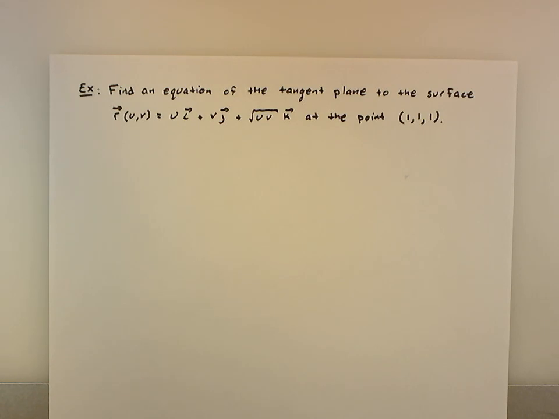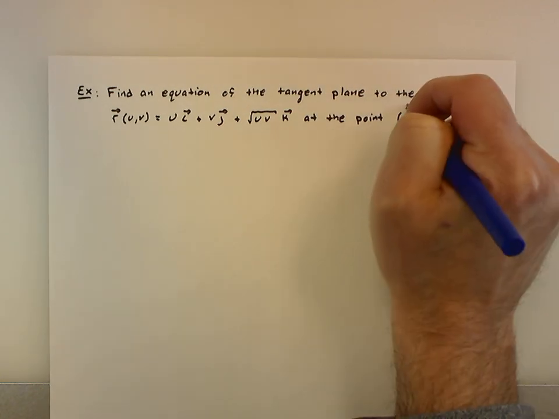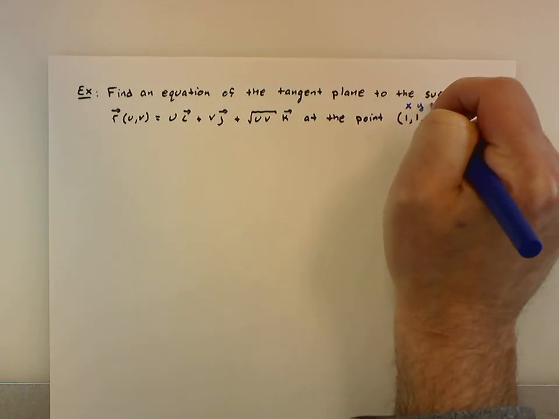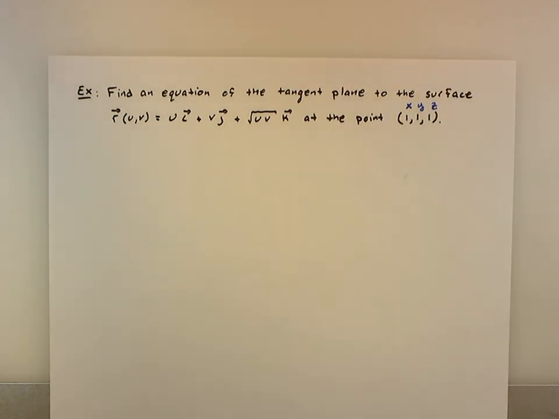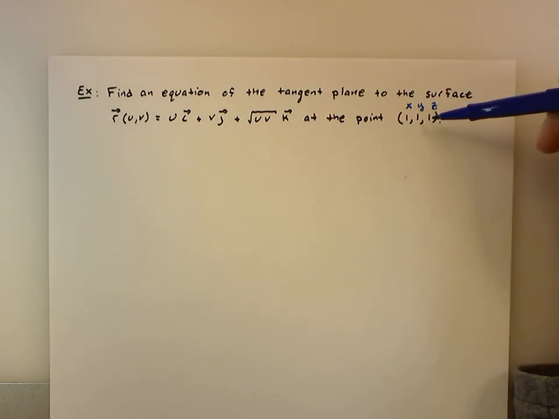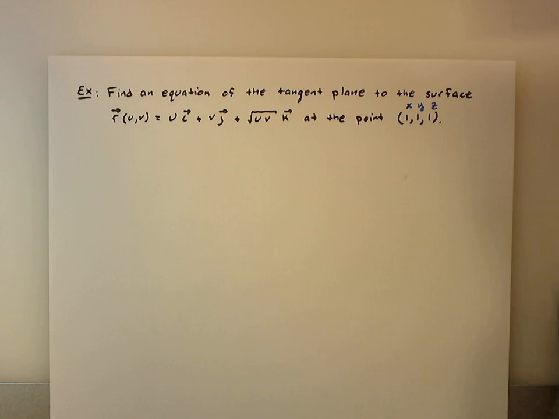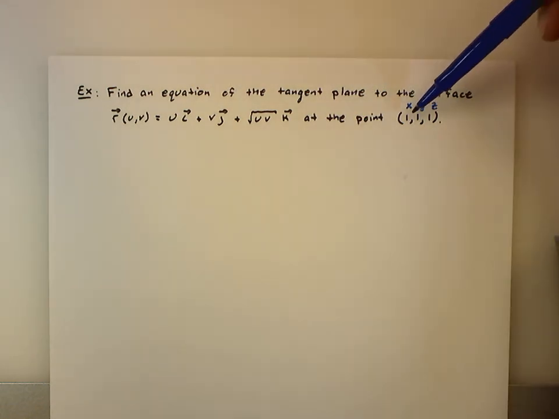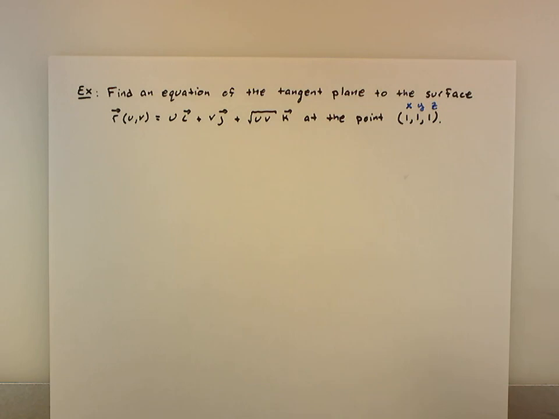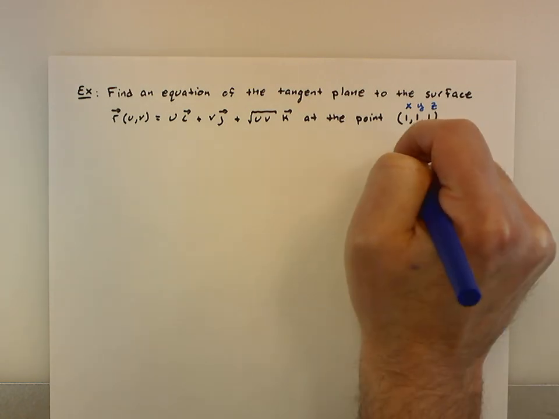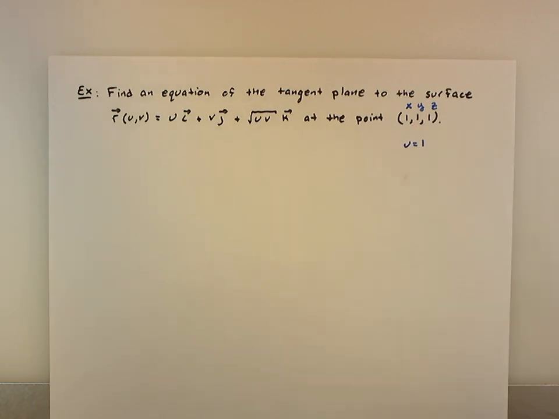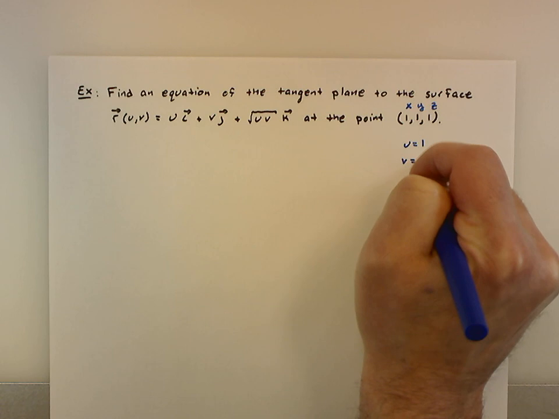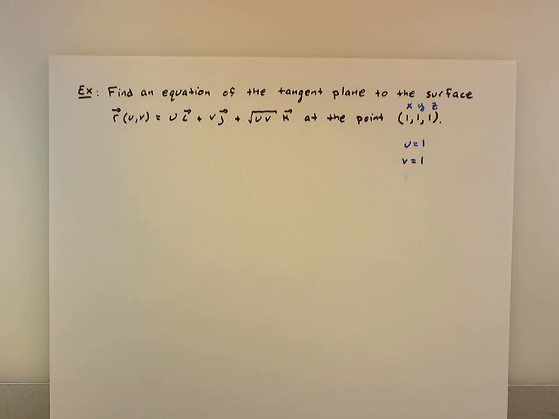So at the point 1, 1, 1, this is x, this is y, this is z, which implies if y is equal to 1, that means v is equal to 1. If x is equal to 1, that means u is equal to 1. So this implies that u is equal to 1 and v is equal to 1.